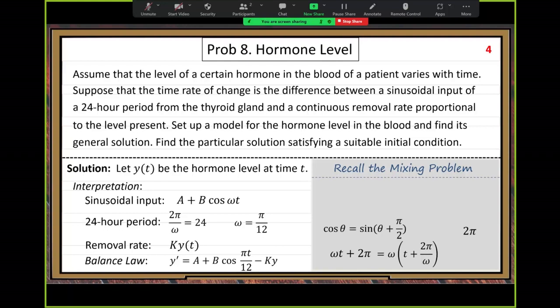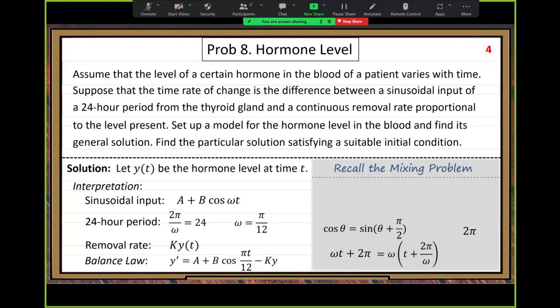For the sinusoidal input, here we use A plus B cosine. Sine and cosine are the same shape, just with a different phase, but we can adjust the phase. Some people like to use cosine because at 0, cosine is 1.